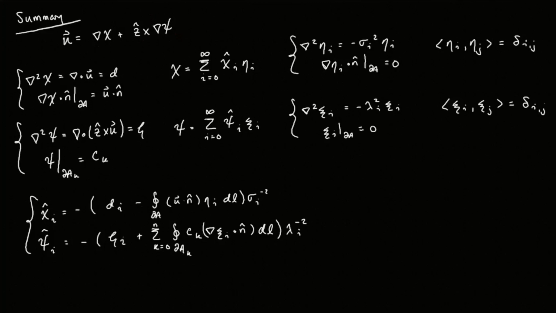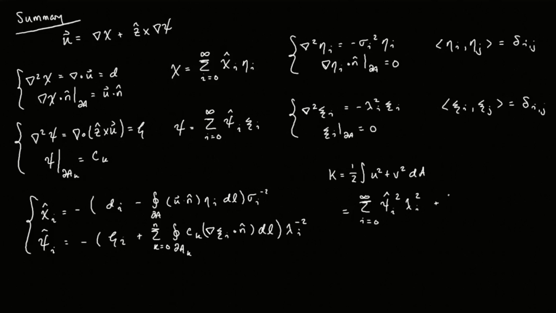Last, we have an expression for the kinetic energy. So remember, this was 1/2 the integral of u squared plus v squared dA. We can also write this as a sum over I, 0 to infinity, psi hat I squared, lambda I squared, right?